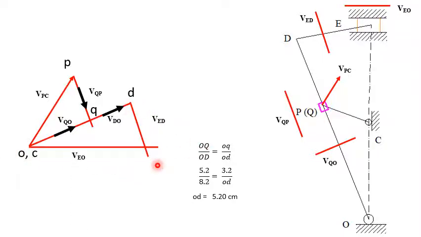This represents the velocity of E with respect to O. The intersection point is nothing but E, because this line represents the velocity of ED and this one represents the velocity of EO. E is common, therefore this intersection point is E. The direction is towards E, because we are finding E with respect to O. Here also the direction should be towards E, because we are finding E with respect to D. Like this we can draw the velocity diagram.